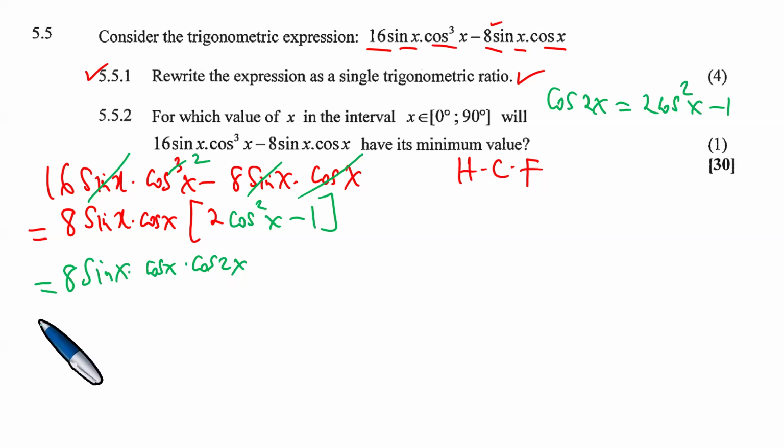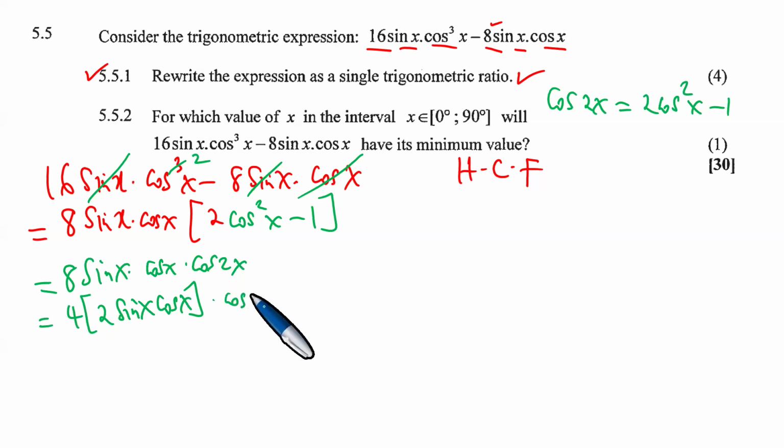Which is 4, open bracket. We can take out a 2 here, giving us 2 sine x cosine x. We factor out 8 as 4 times 2. What is 2 sine x cosine x equal to?